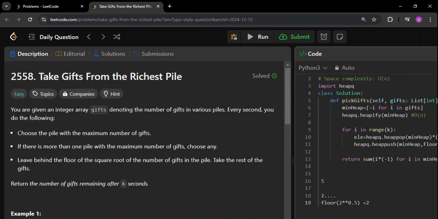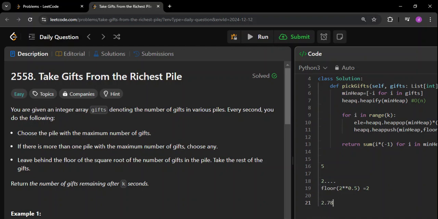For example, if you have 2.76, the floor will still give you 2. You have to understand that. Remember, there are multiple functions here: floor, ceiling, and round, which behaves in a different way. But in floor, you are always rounding down to the next smallest integer.